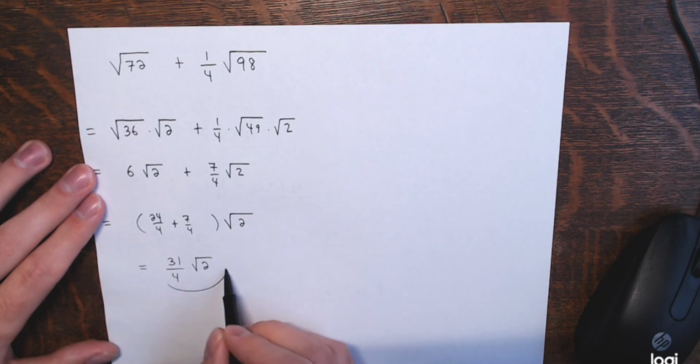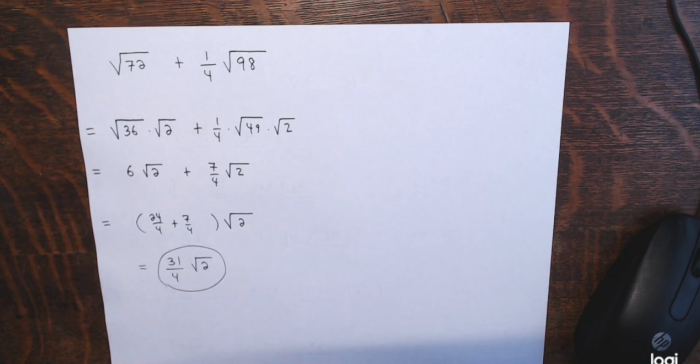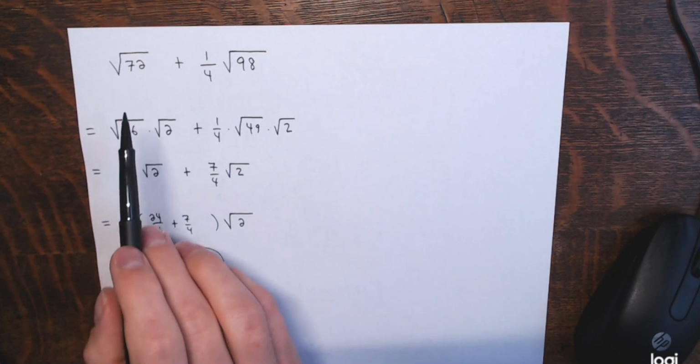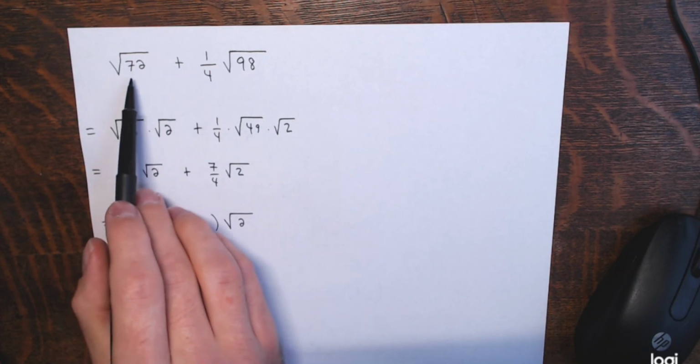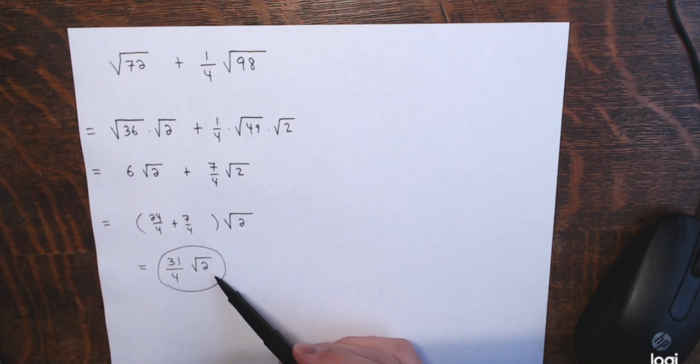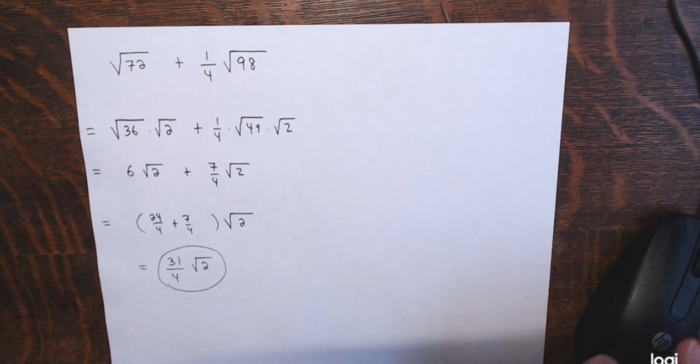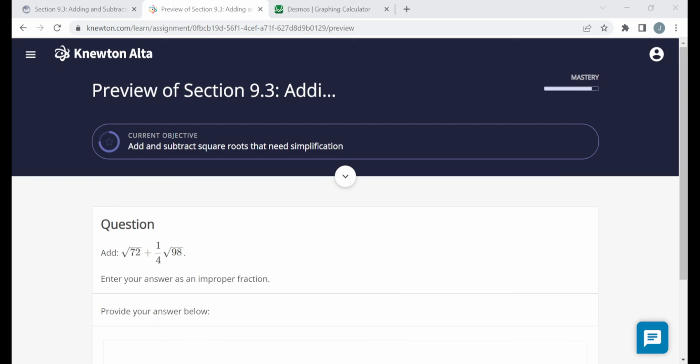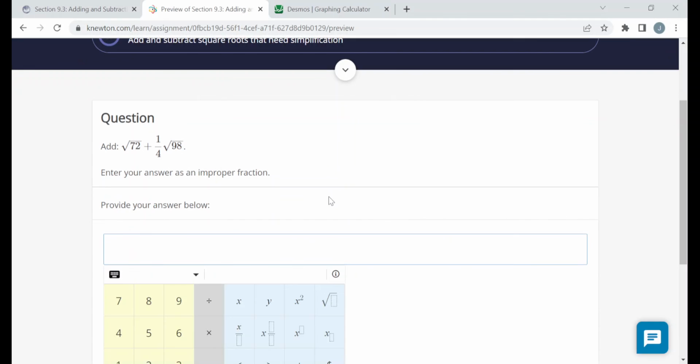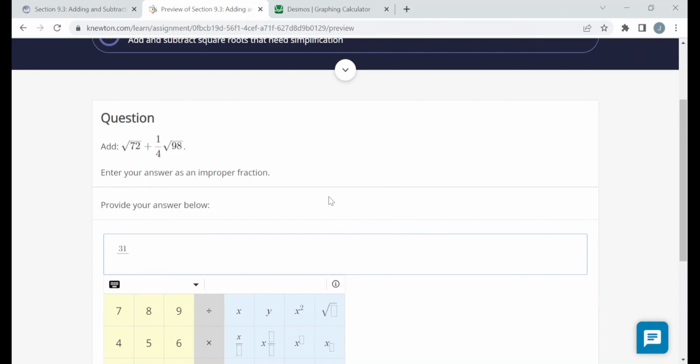And that's a single term. That's as simple as it's getting. And then once again, I'll leave it to you to check, but if you were to enter the expression we started with in a calculator, and then enter the expression I ended with, they should be the same value. So 31/4 times the square root of 2.